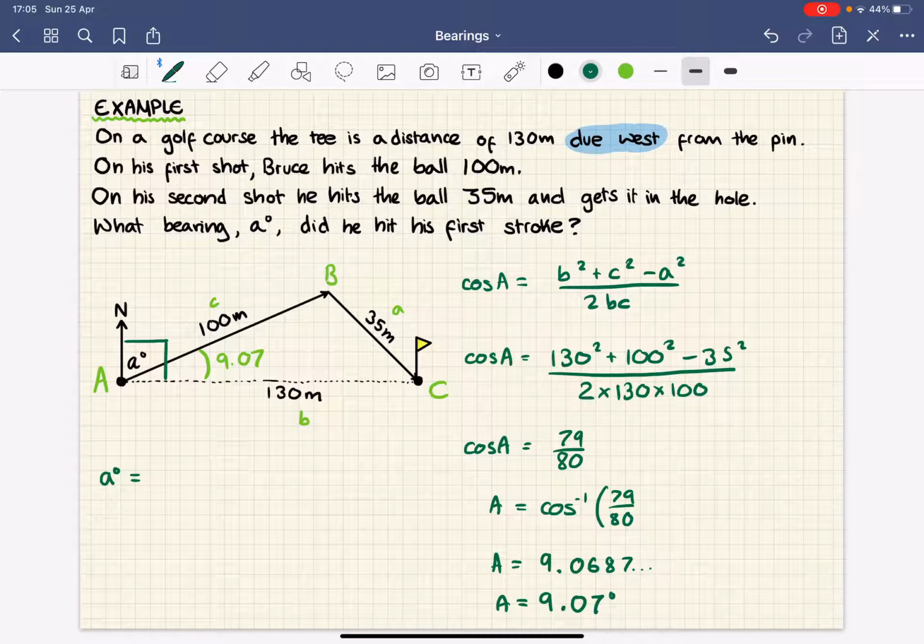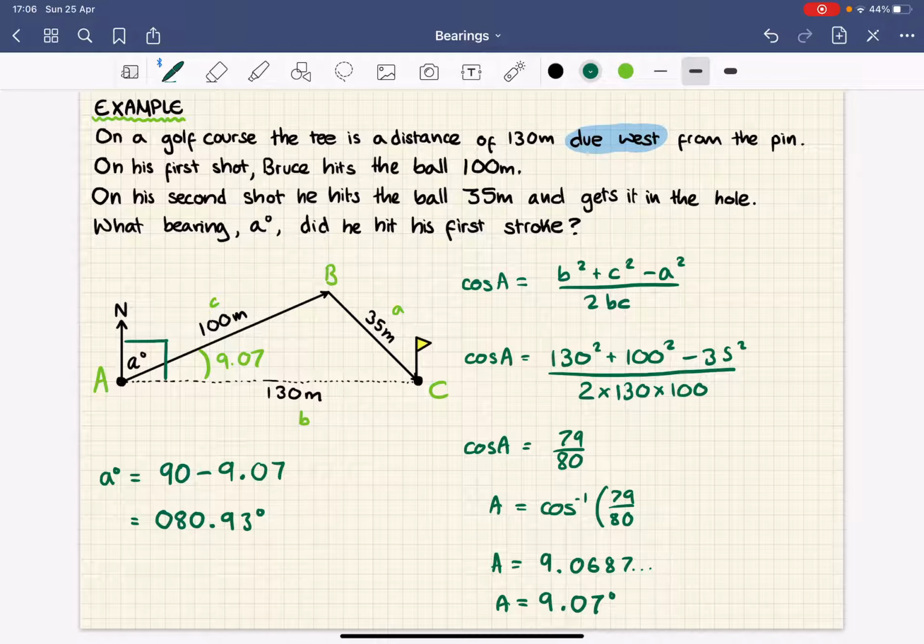So like I said, if we take that 90 degrees because of that right angle, due to the fact it's due west, take away the 9.07, that is going to give me 80.93 degrees. But because it is bearings, I have it as 0.93 degrees.